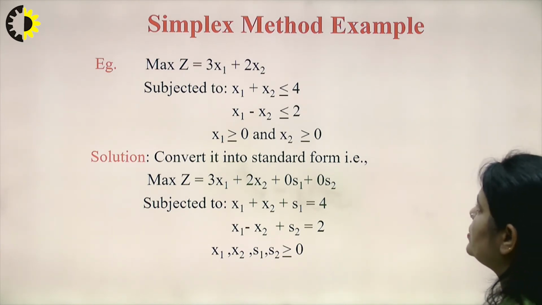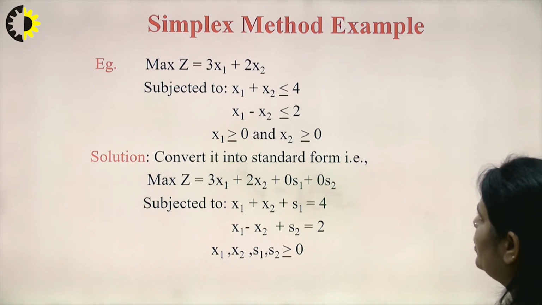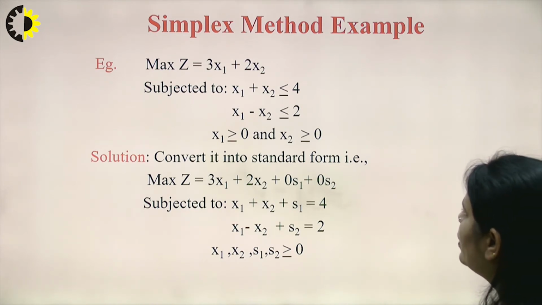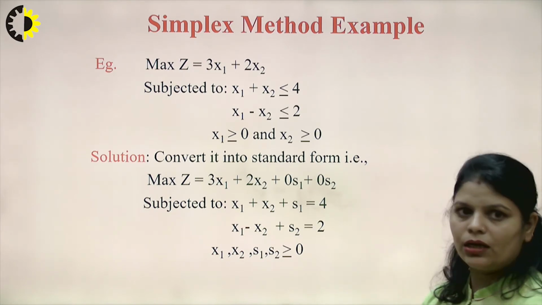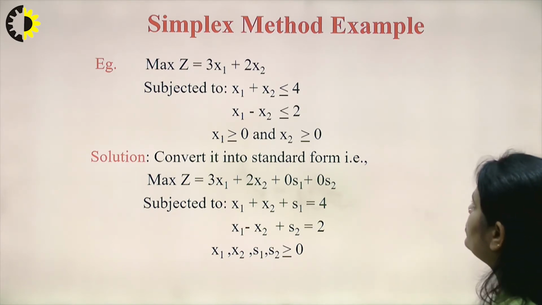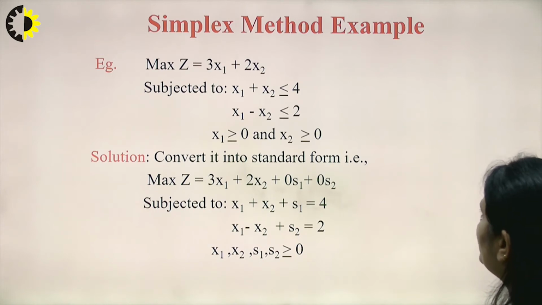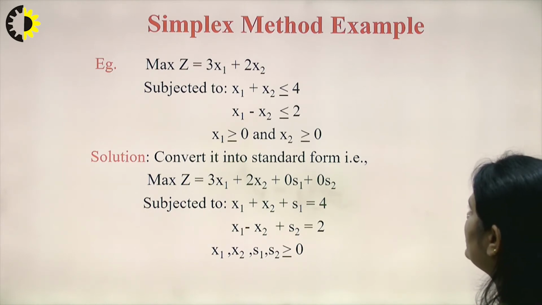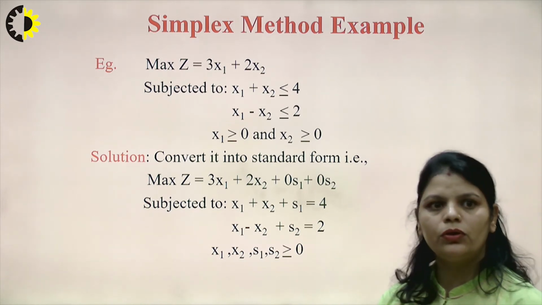We have to maximize z, where z is equal to 3x1 plus 2x2, subject to two inequality constraints. The first constraint is x1 plus x2 less than or equal to 4, and the second is x1 minus x2 less than or equal to 2.